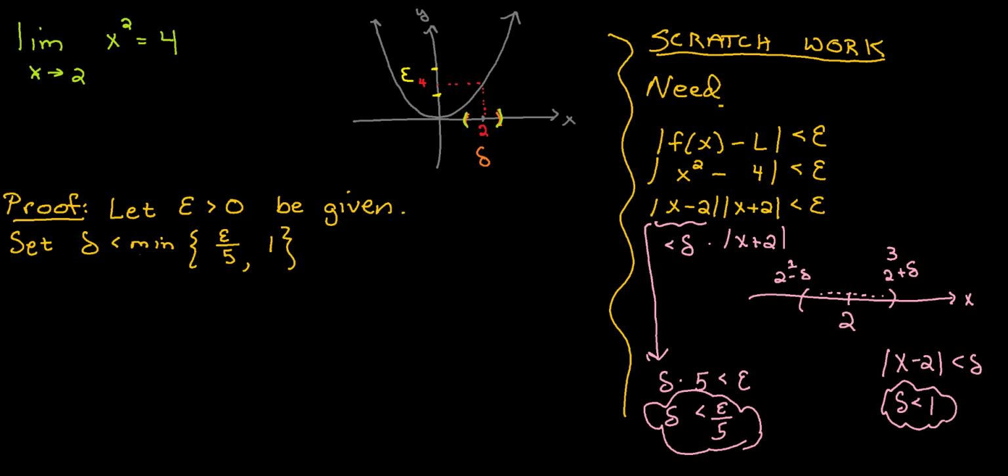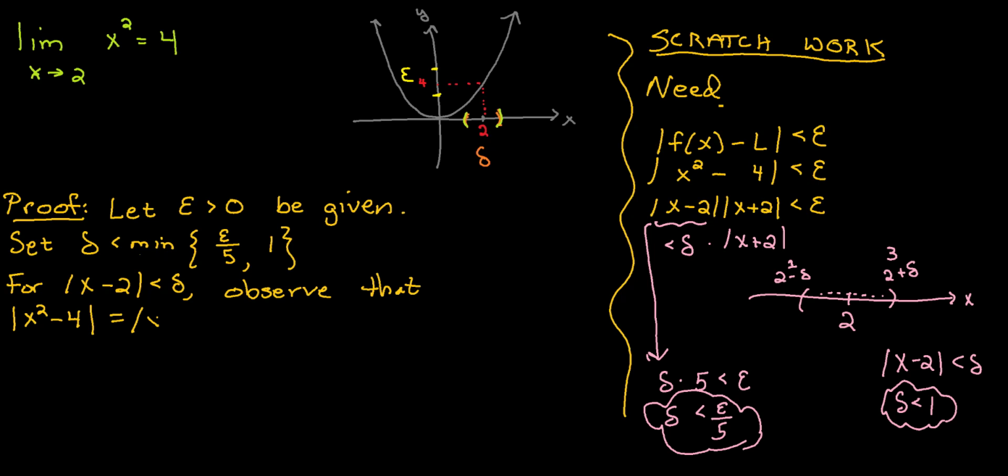And now we can continue with our proof. We say for |x - a|, which in this case is 2, less than delta, observe that |f(x) - L|, which in this case is |x squared - 4|, is equal to the absolute value of x minus 2 times the absolute value of x plus 2.